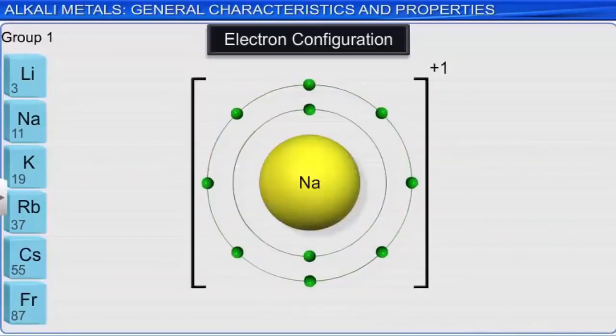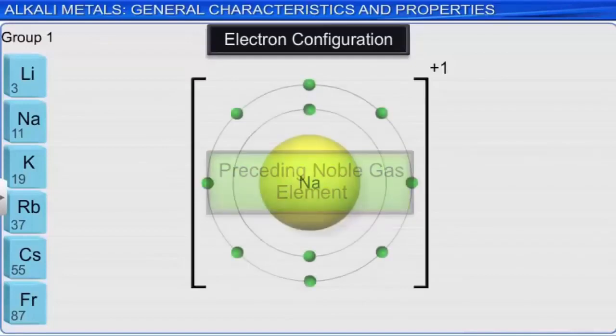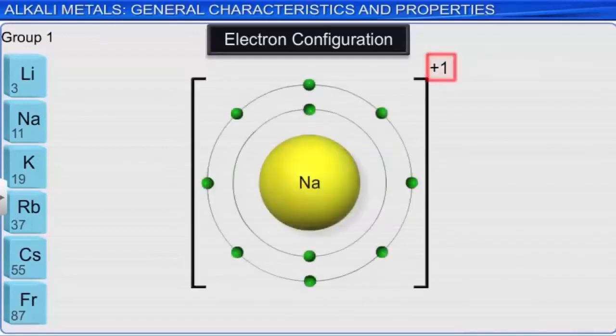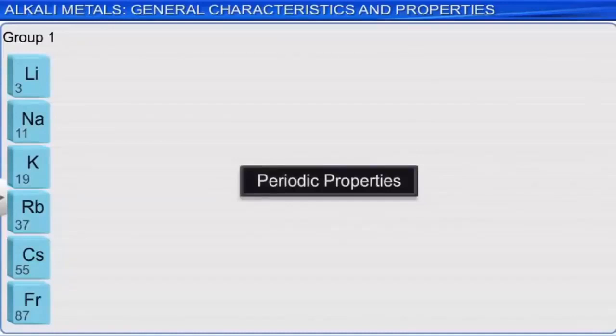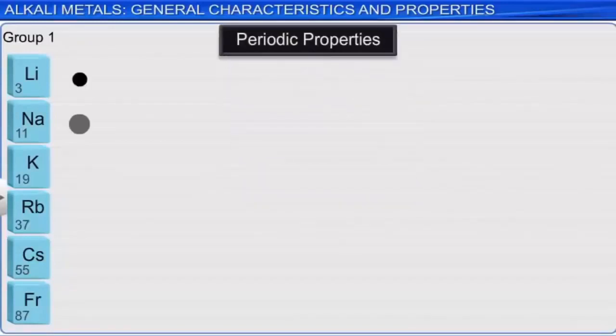Now this is not an atom. This is called an ion, a unipositive ion or a monovalent ion. Sodium ion, Na plus, is formed in this module. Let us study the periodic properties of the first block elements, that is group 1 elements.